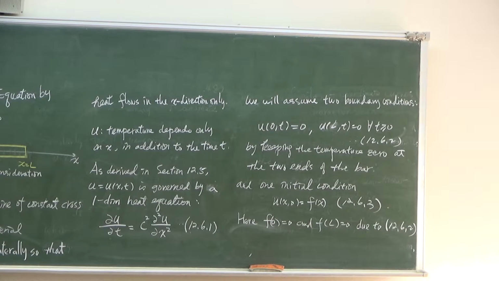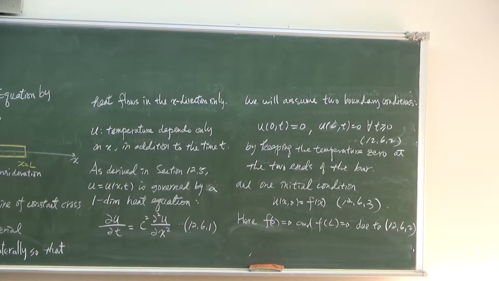So that we have f of x is gt, which is ut, and ut is equal to c squared uxx. So this is c squared gt and the second derivative of f of x.